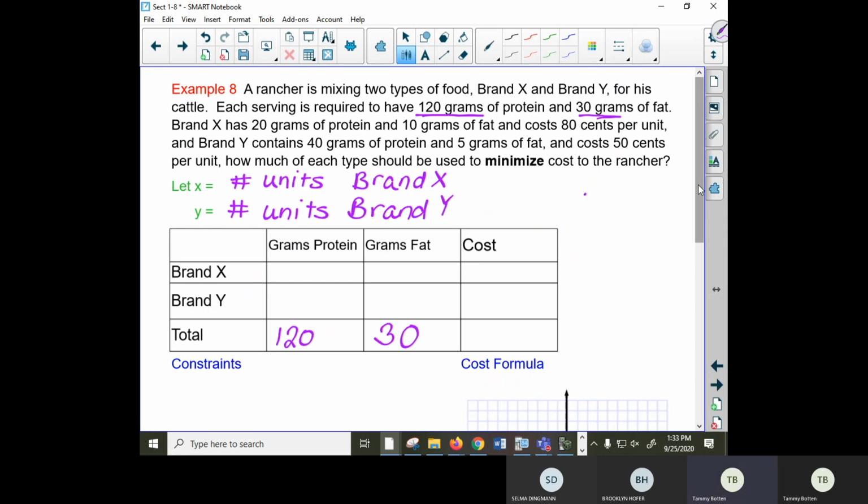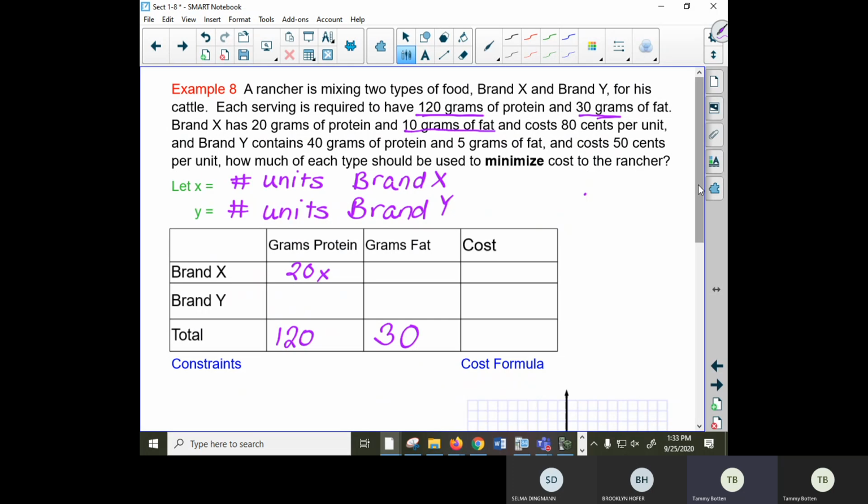Okay, so what we have here is the 20 grams of protein for X. So here's our brand X. Now this one's a little bit different because we're going across. X is going across here, and it's 20 for protein for X, so that's 20X. 20 grams of protein for every unit of brand X, so it'd be 20 times X. Then it's 10 grams of fat.